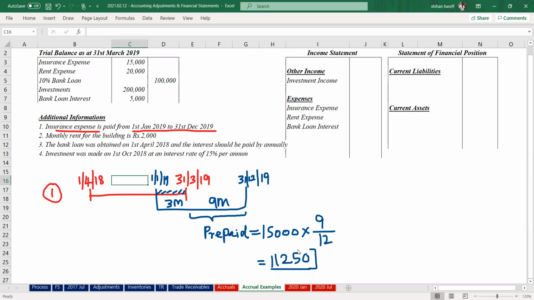Right, so this is the prepayment. Only 3 months belongs to the current financial year.